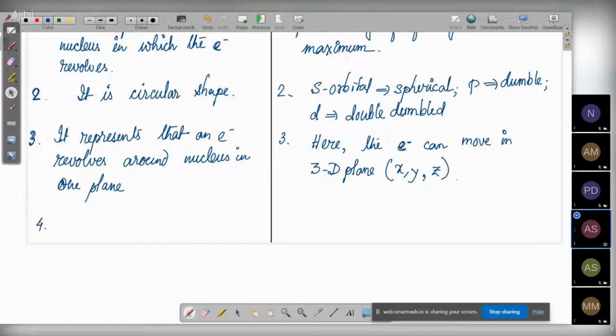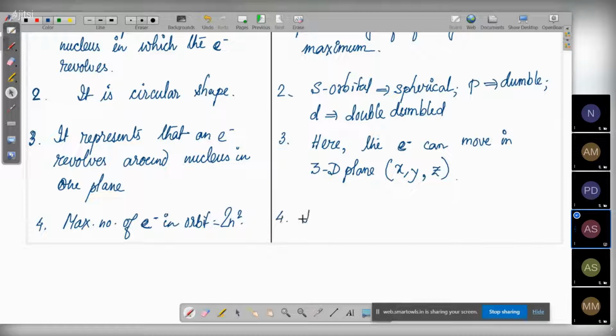And what is the maximum number of electrons in an orbit? The maximum number of electrons in an orbit is equal to 2n square. This is the formula.